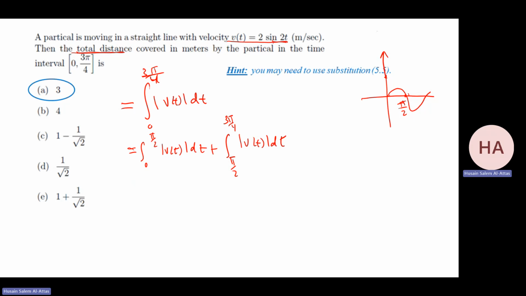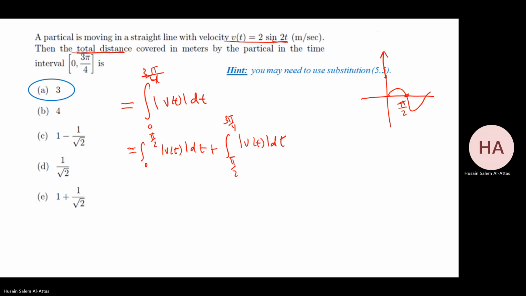So I know sine 2t here will be positive.